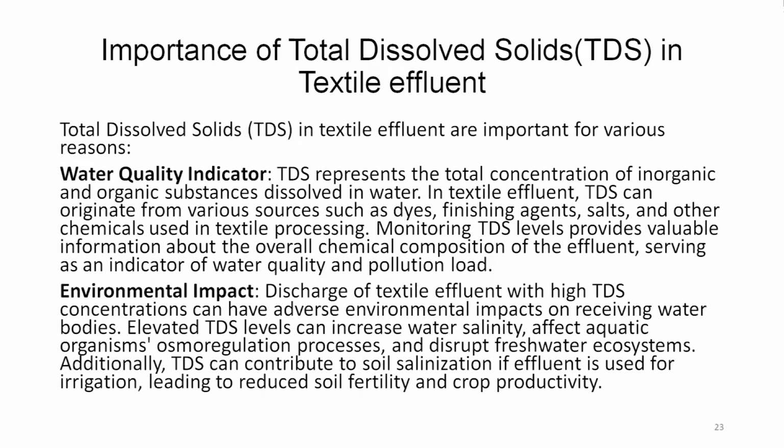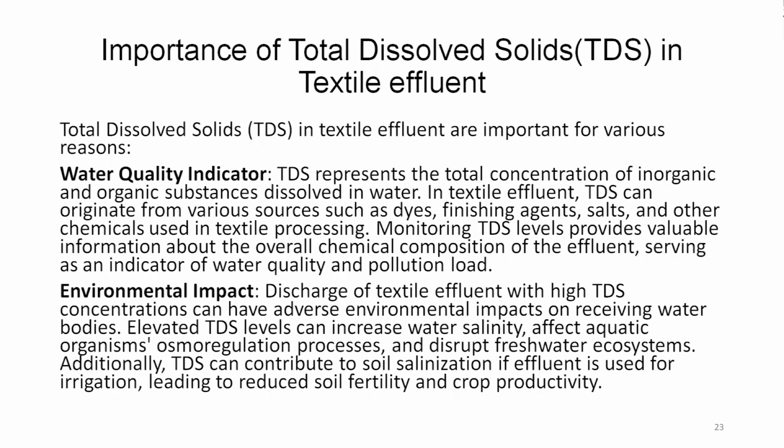In textile effluent, TDS can originate from various sources such as dyes, finishing agents, salts and other chemicals used in textile processing, which are water soluble. Monitoring TDS levels provides valuable information about the overall chemical composition of the effluent, serving as an indicator of water quality and pollution load.